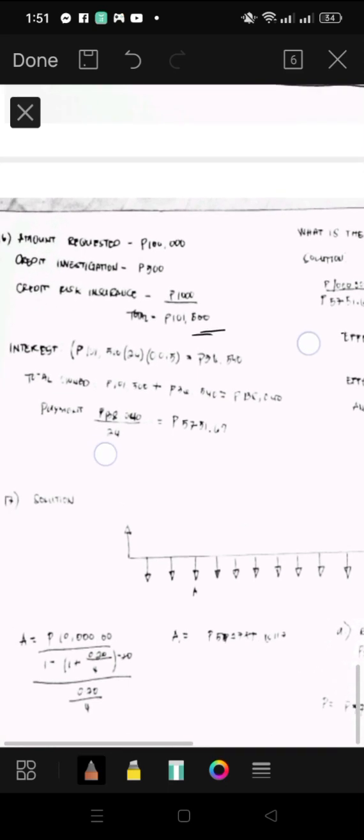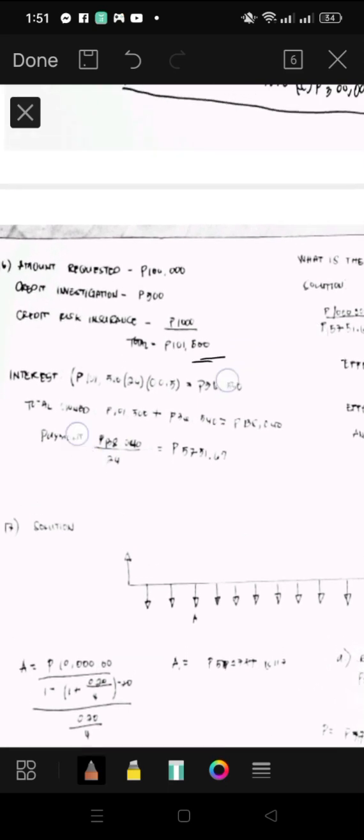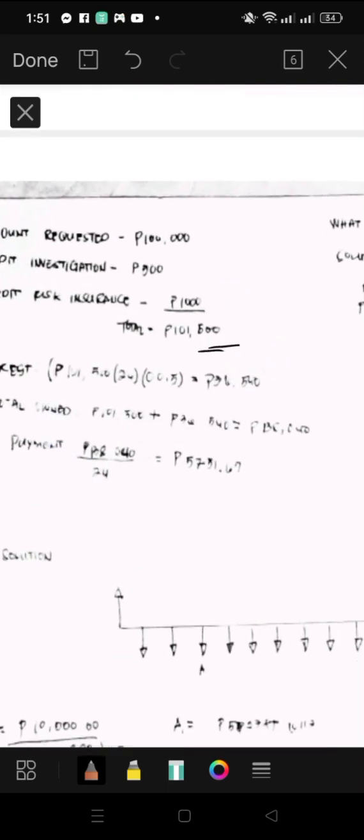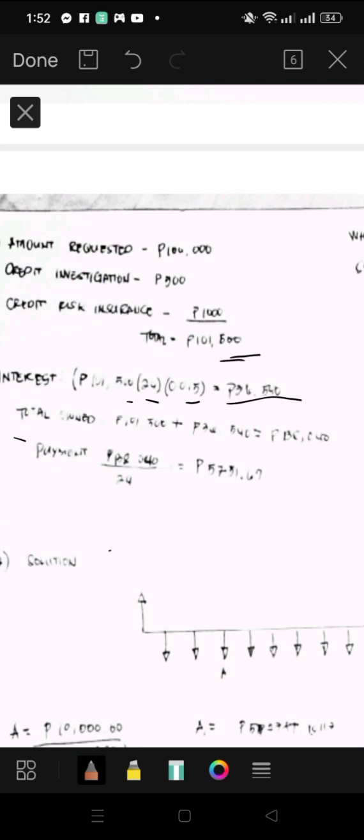Then the total amount is the amount requested plus the interest: 101,500 plus 36,540, which is equal to 138,040 pesos.